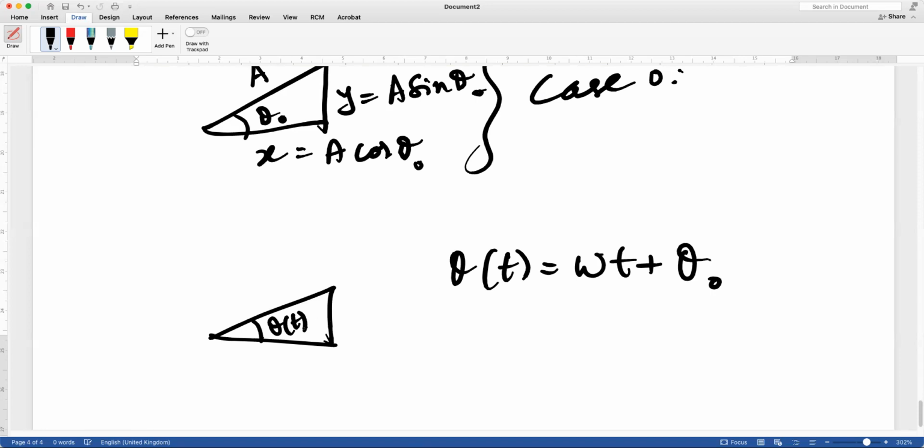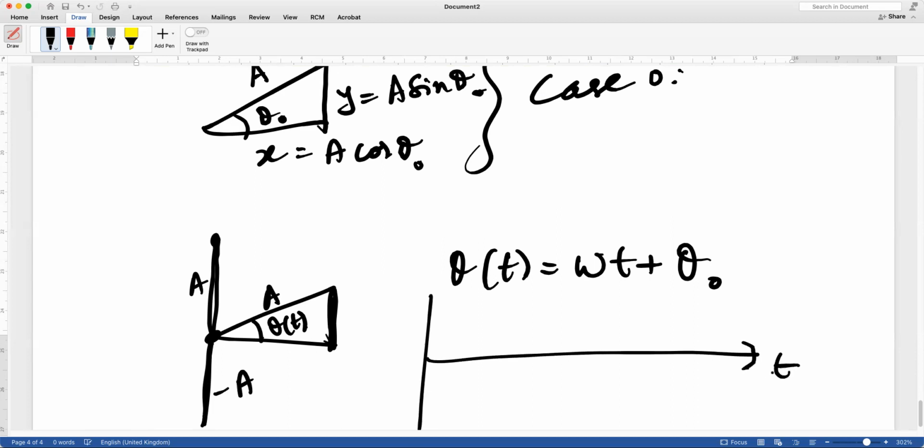So now this opposite side may start at 0 and grow all the way to A, then come back to 0 and go to negative A, and then do that again and again. That is what is drawn in the time axis.